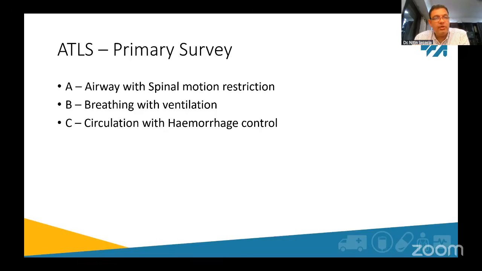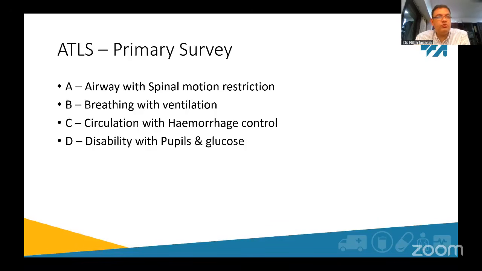Circulation with hemorrhage control. As we know, in trauma, most likely the shock is hypovolemic. So we need to make sure that we are controlling whatever hemorrhage we can, and we'll spend some time on that.